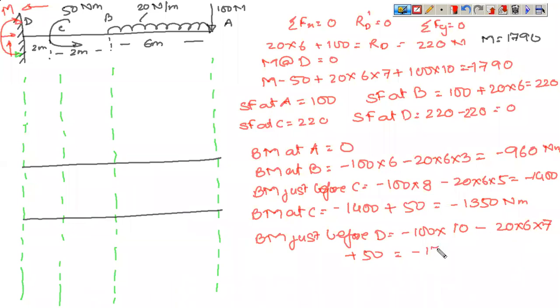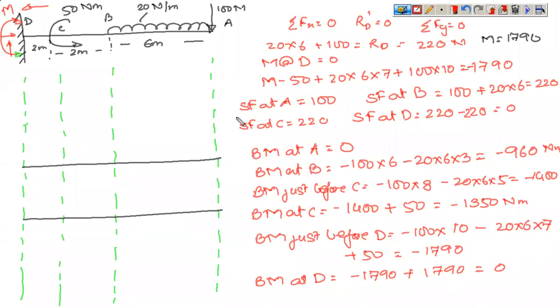So this is minus 1790, and BM at D is minus 1790, and this is a clockwise moment, so clockwise moments are positive, so 1790, this is equal to 0.